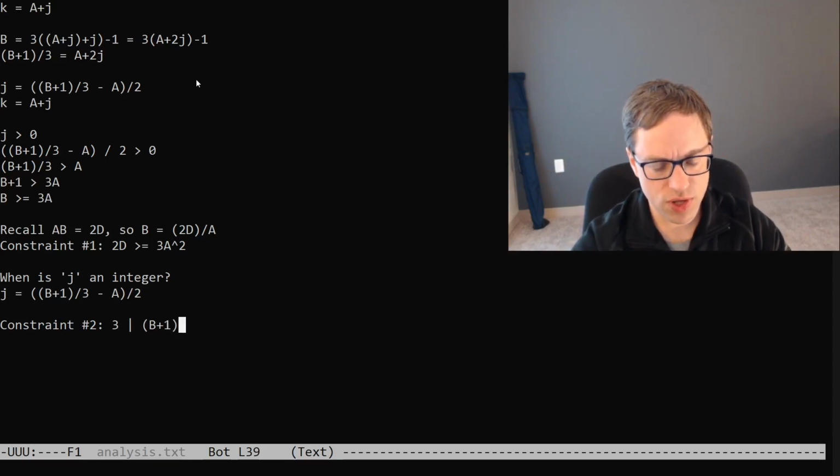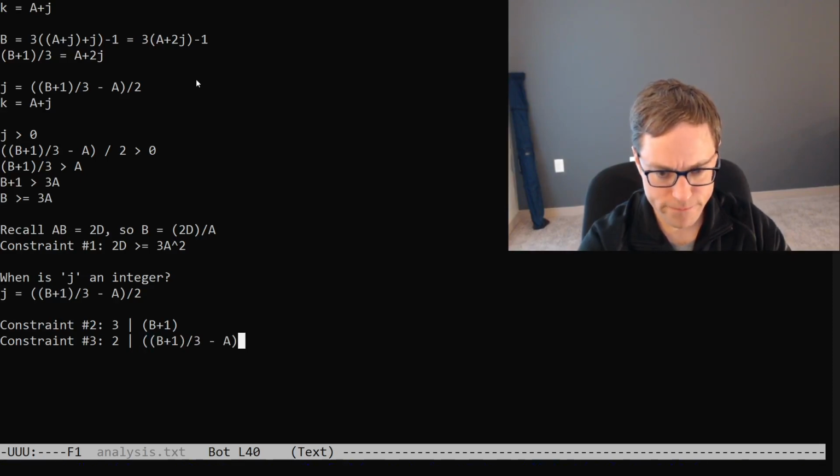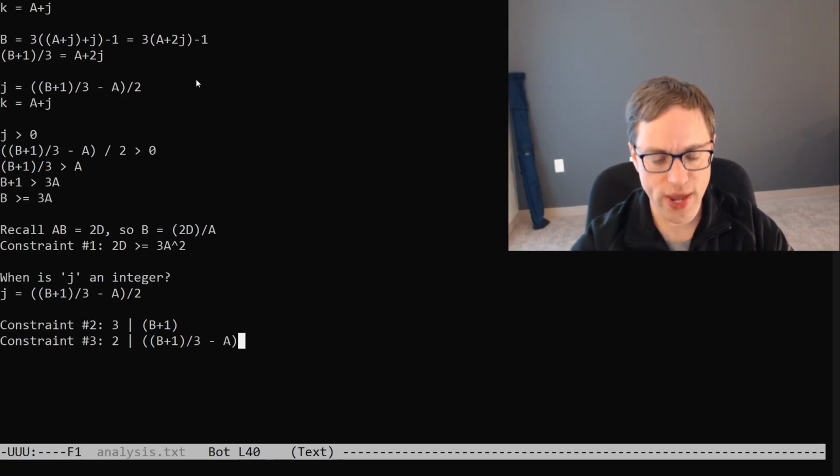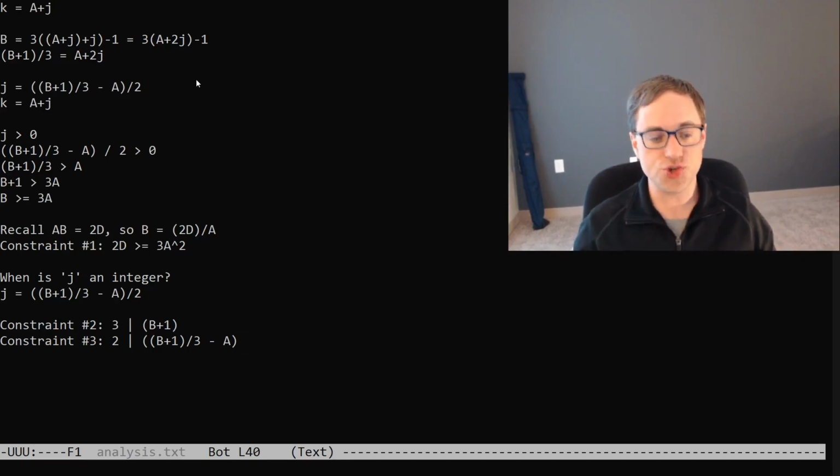And so we'll say constraint number 3 is that 2 divides b plus 1 over 3 minus a. Okay. And if all of these constraints are met, then this should give us a candidate solution.